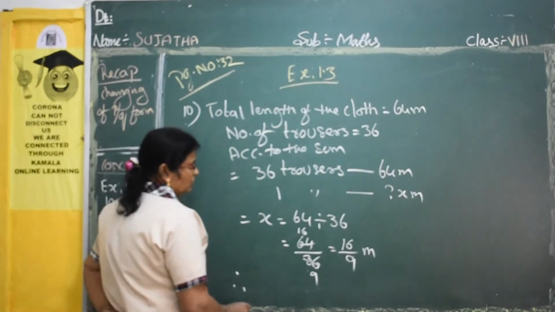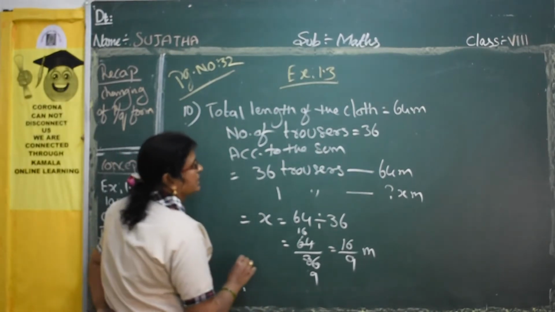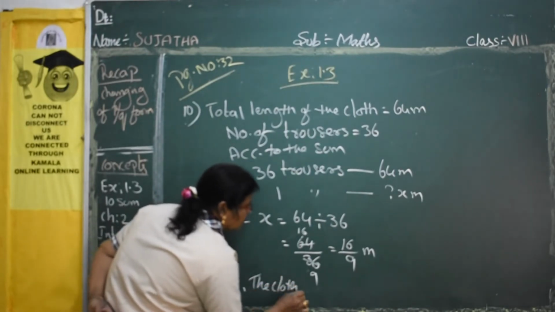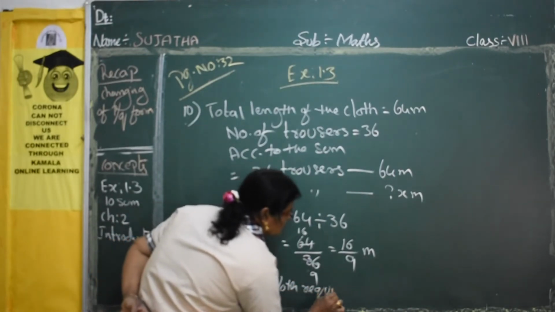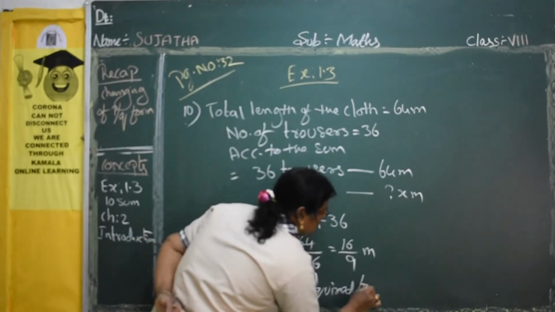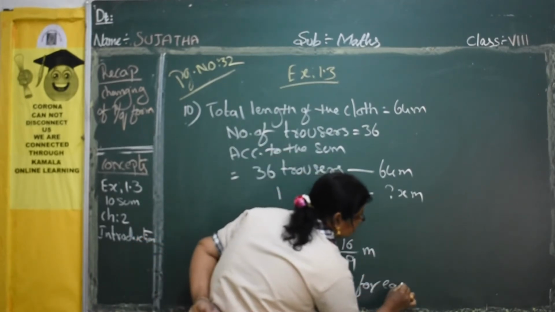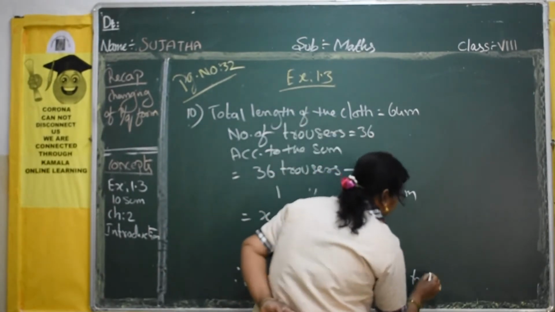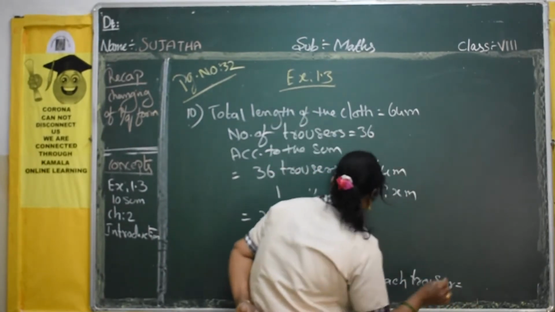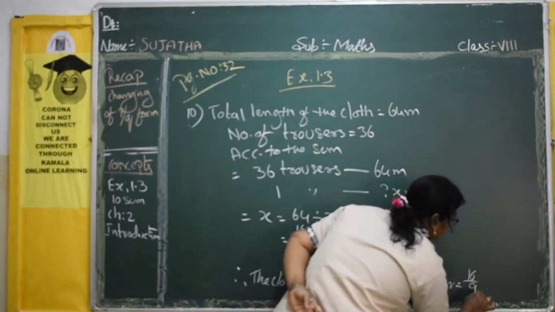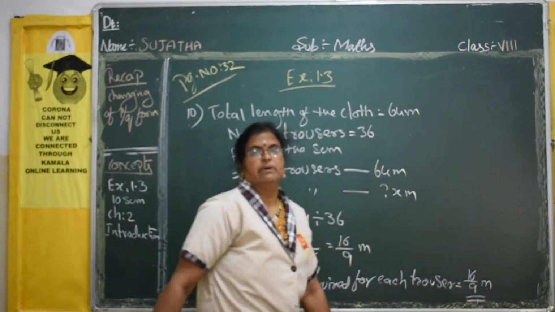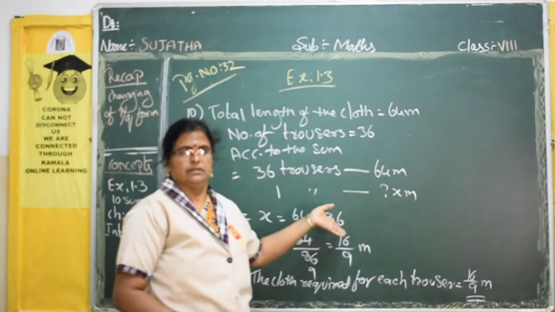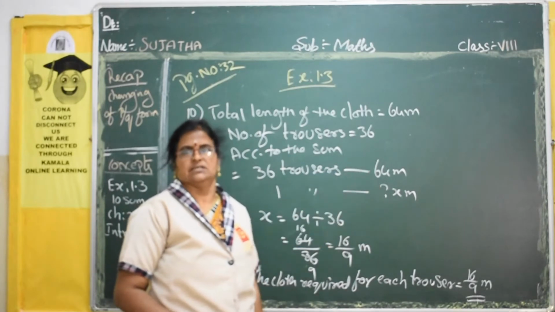Now, therefore, the length of the cloth required for each trouser is equal to how much? 16 by 9 meters. Understood? So which method did we use here? Unitary method. Already you did it in 6th and 7th classes.